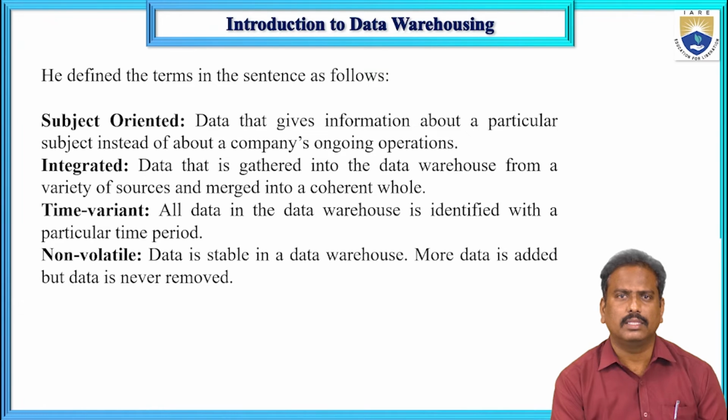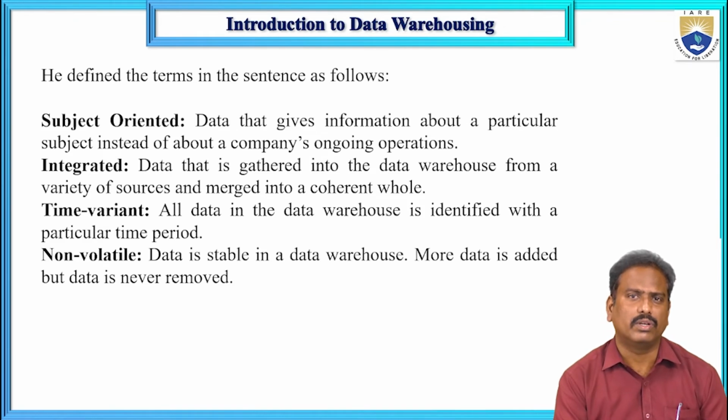Then secondly, integrated. Integrated means I need to collect the data from various sources, data that is gathered into the data warehouse from a variety of sources, and I'm merging it. Suppose I need to start a new business, a bike showroom. I'm analyzing whether I will get profits or losses.